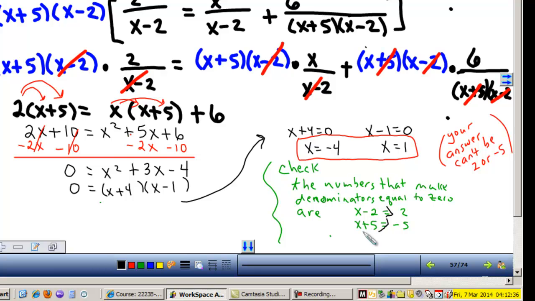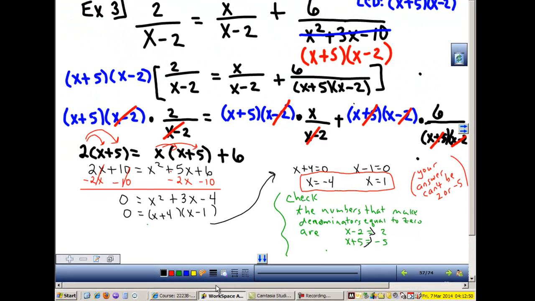And negative 5 makes the denominator equal to 0, so negative 5 cannot be an answer. Therefore, my solutions are x equals negative 4 and x equals 1.